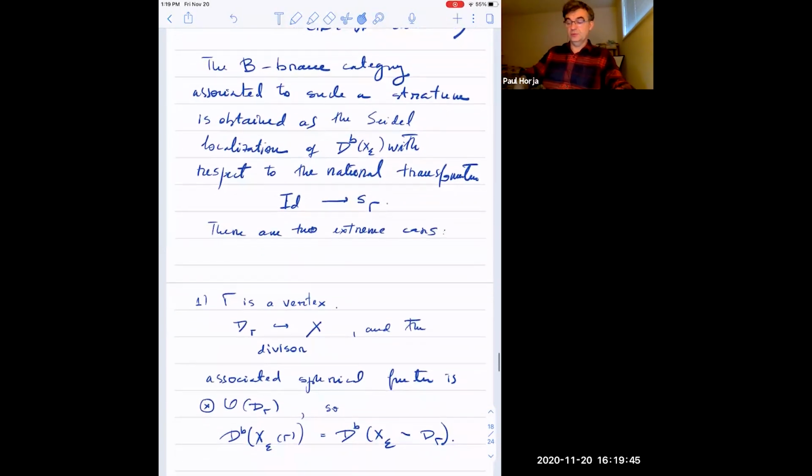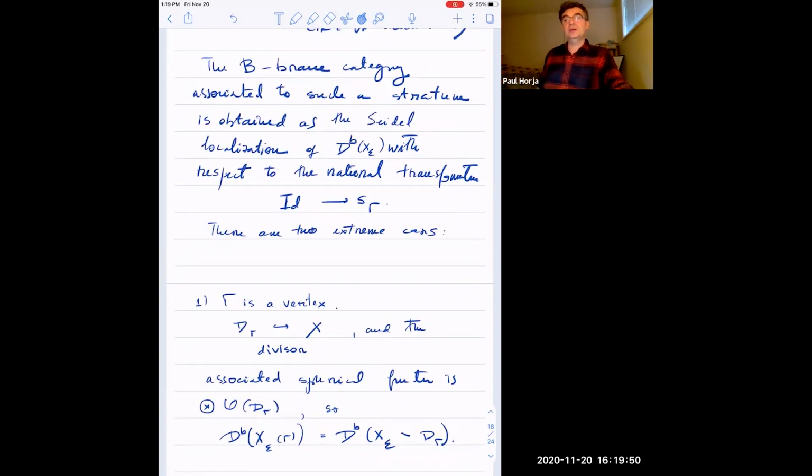And then, as I said, the point is to understand the B-brane category. And what we do is we do a Seidel localization. This has been worked out by Seidel and used extensively in mirror symmetry, in fact. Usually it's done on the Fukaya side. So we take a natural transformation from the identity to the spherical functor, and we do a localization.